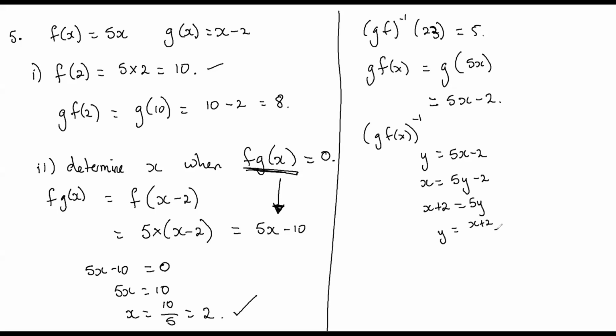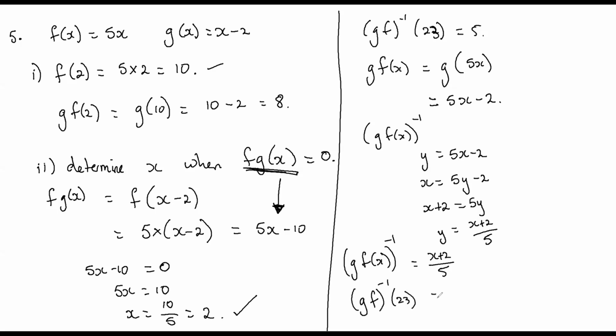Well, x plus 2 over 5. So that means gf inverse of x equals x plus 2 over 5. And now they say, prove that gf inverse of 23. So instead of x, I'm now going to write 23.